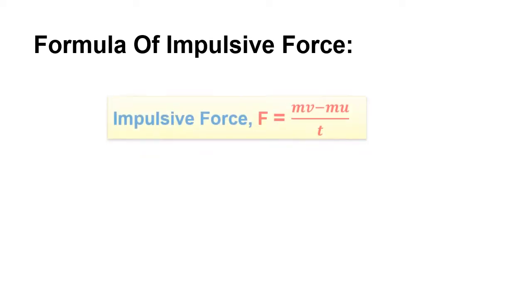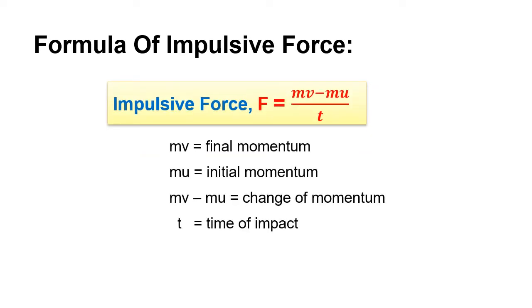Next, the formula of impulsive force. Impulsive force F is equal to the change of momentum divided by the time of impact. Then, you need to know that the unit of impulsive force is Newton or kg meter per second squared.